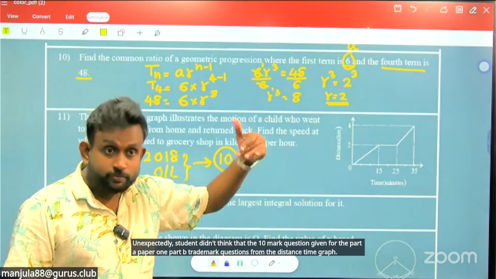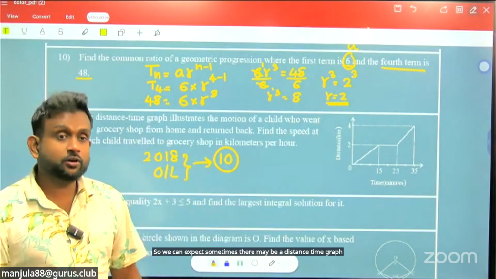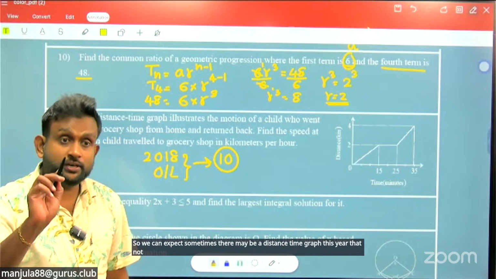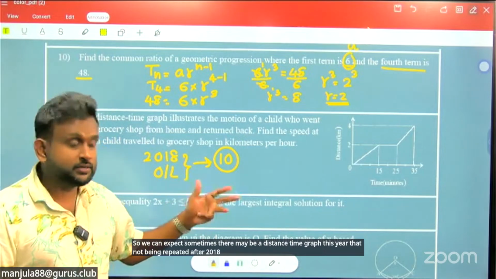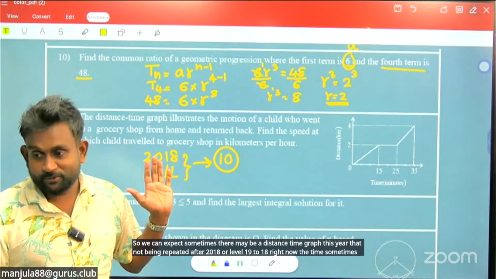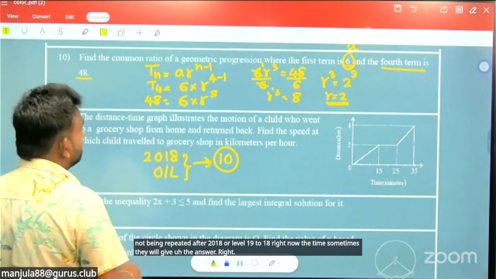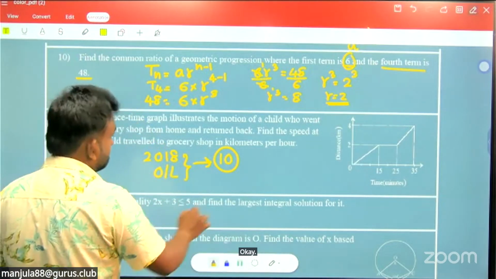So we can expect that there may sometimes be a distance time graph this year, which has not been repeated since 2018. So that's why we have to discuss this.